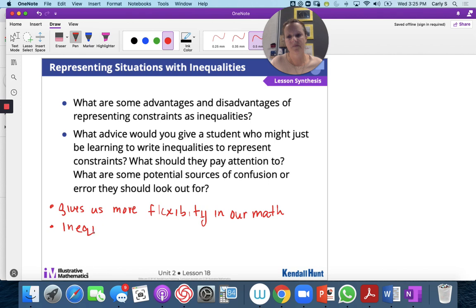Inequalities are easier to use for descriptions. So those I think would be advantages.